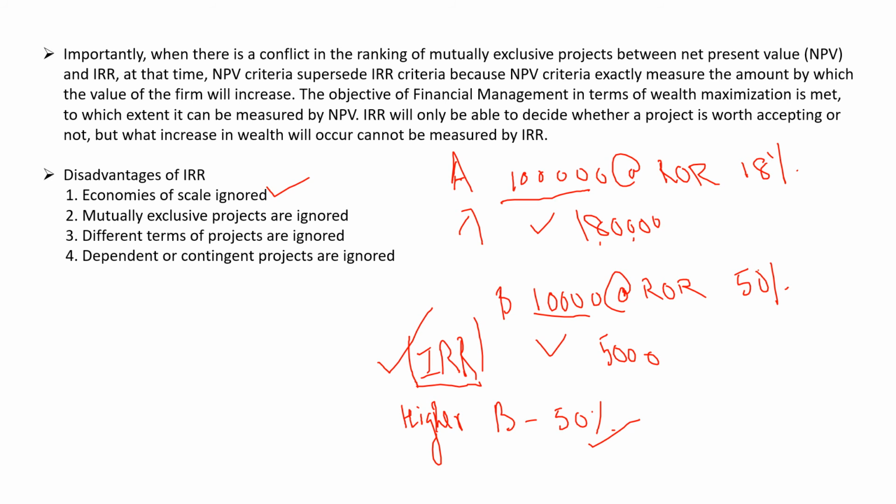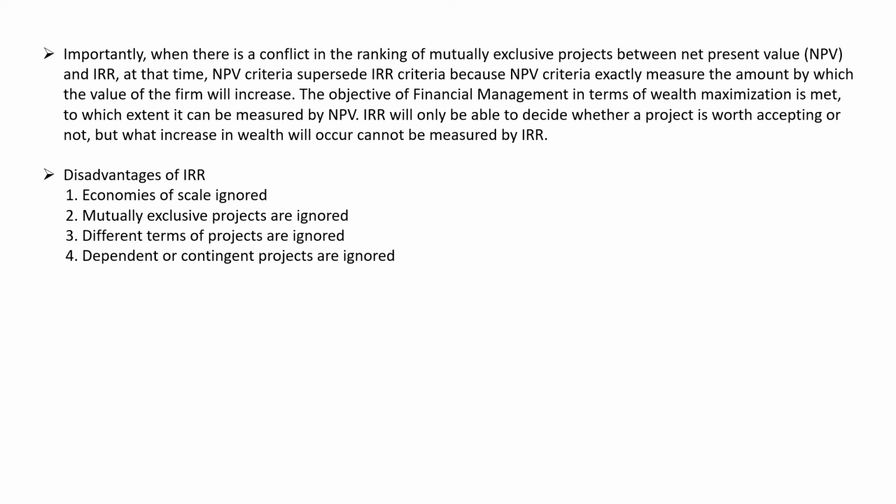The next is that mutually exclusive projects are ignored. Mutually exclusive project, I have already said that. Say project A: first we try to take a discounting factor, say at 15%. If the NPV comes out to be negative, we take a lower discounting rate, say 10%, of that particular project only.